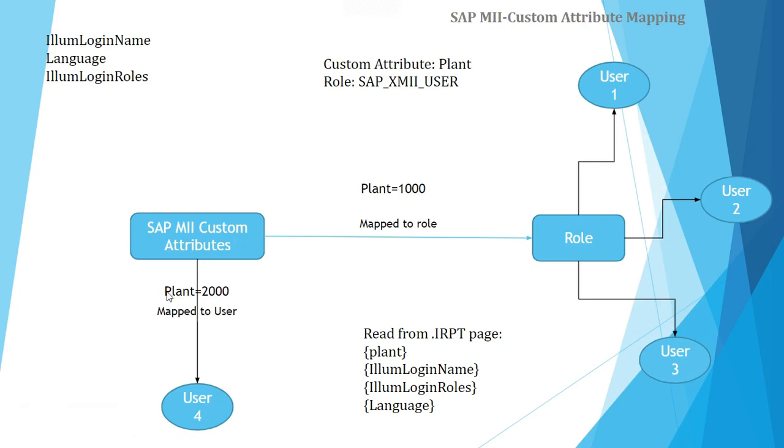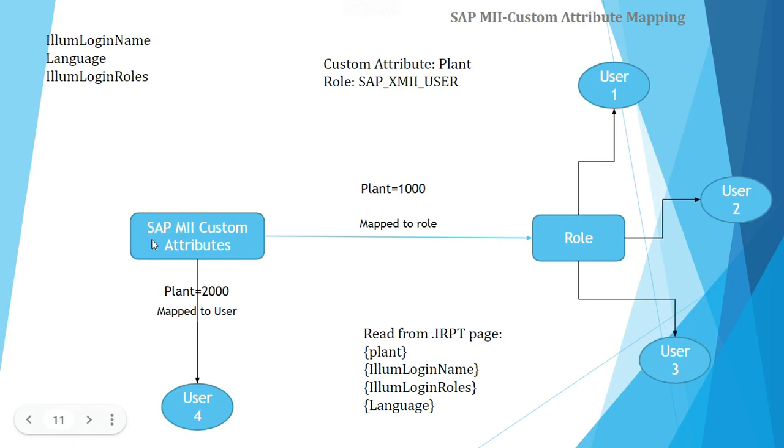In that case, you can select the plant, whatever custom attribute you have created, and what value you want to map to user 4. And whenever user 4 logs into the MII system, you can read the plant value that is assigned to user 4 by using curly brackets and, inside that, the custom attribute.